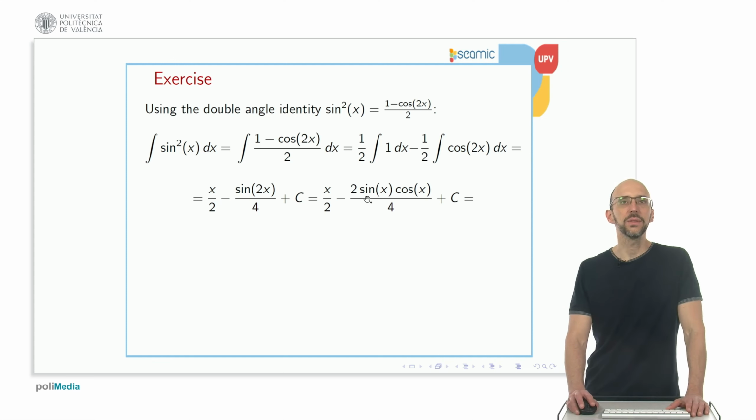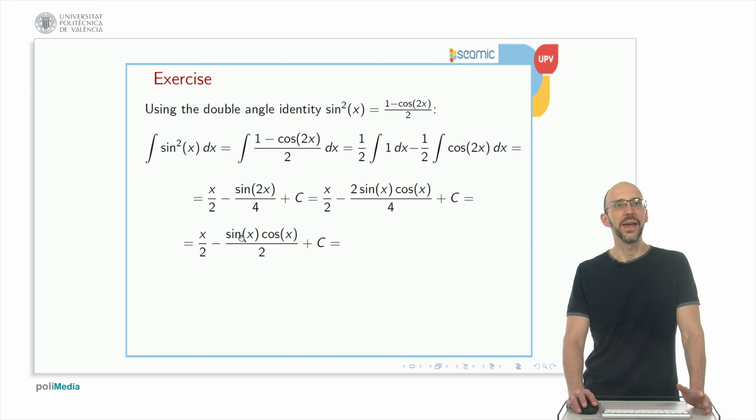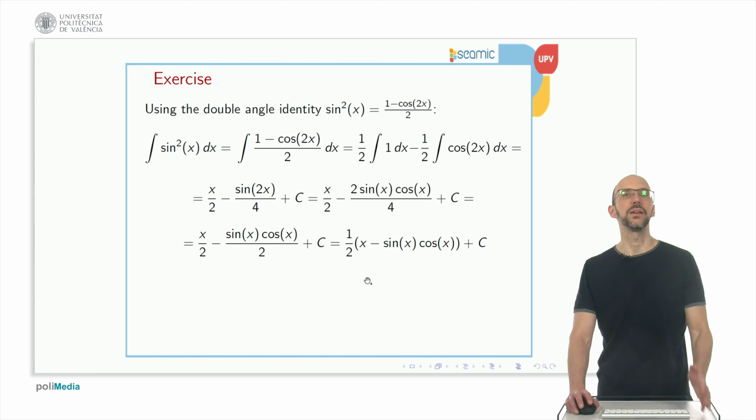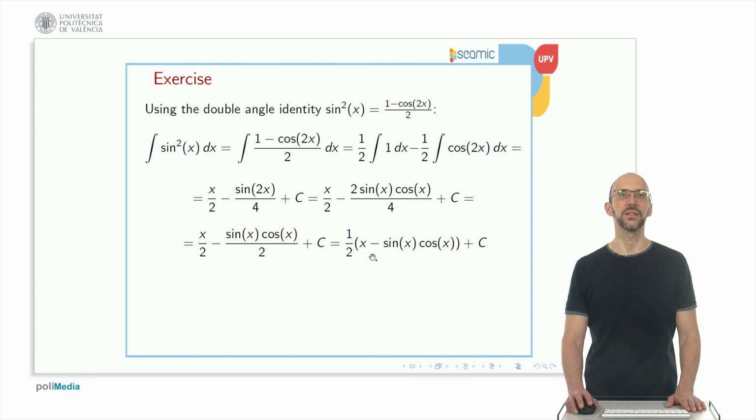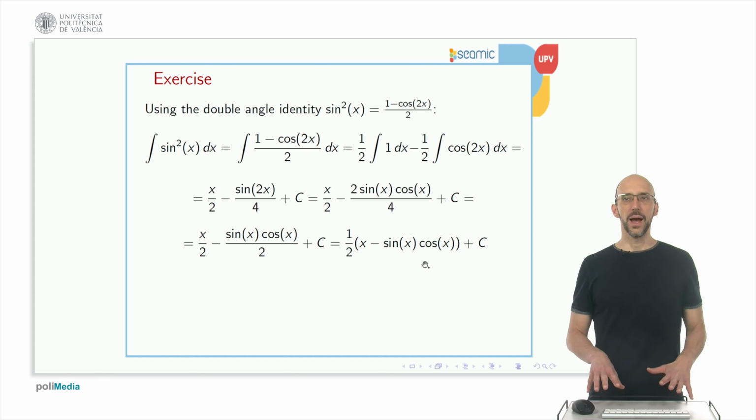So this is 2 times sine of x cosine of x. The 2 in the numerator and the 4 in the denominator simplify. So I will have x divided by 2 minus sine of x cosine of x divided by 2. Then I can factor 1/2, and the expression at the end is 1/2 times x minus sine of x cosine of x. So it's not difficult.